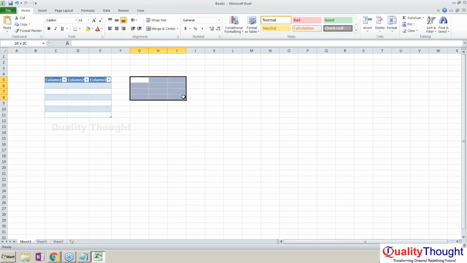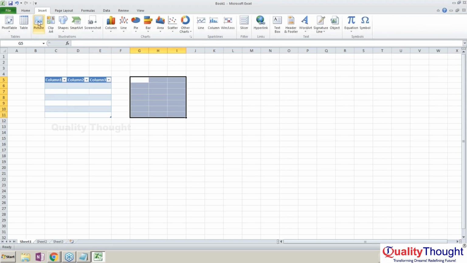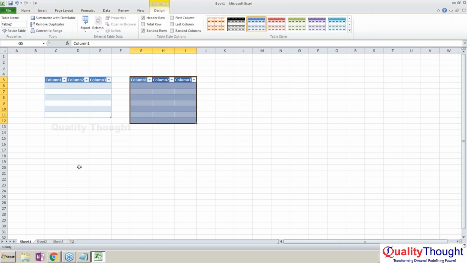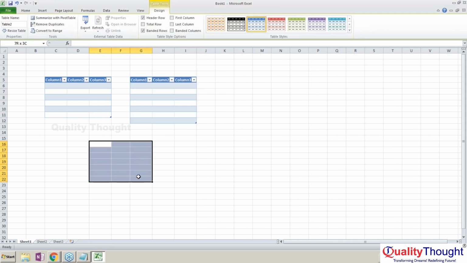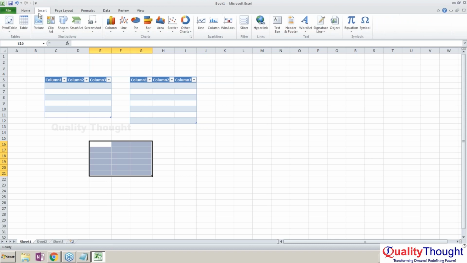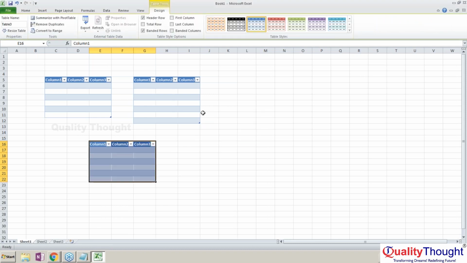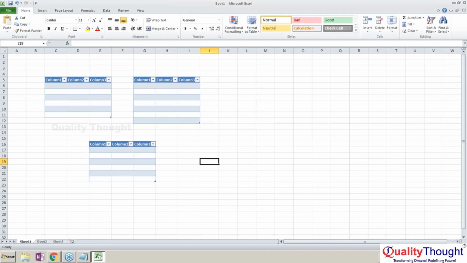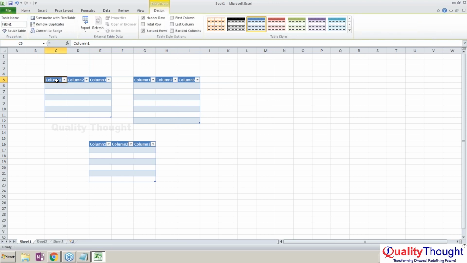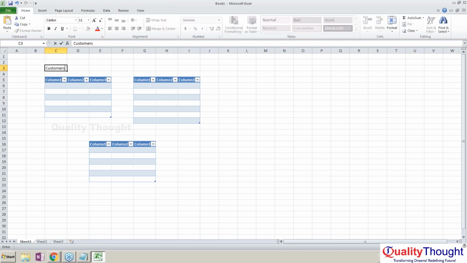And here is my another table. And here is my another table. I have 3 tables here. Now the first table name is customers. Second table name is products.